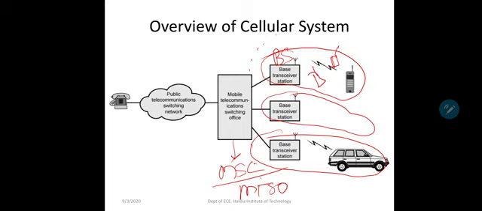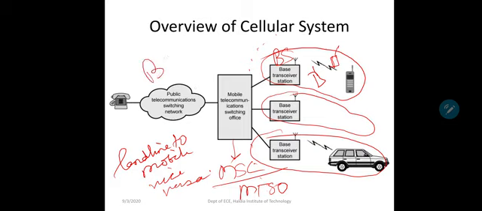And ultimately, since calls have to be allowed from landline to mobile and vice versa, there is always a requirement of the PSTN. So basically you should have the PSTN connected to your entire system. So this is the overview of the cellular system.